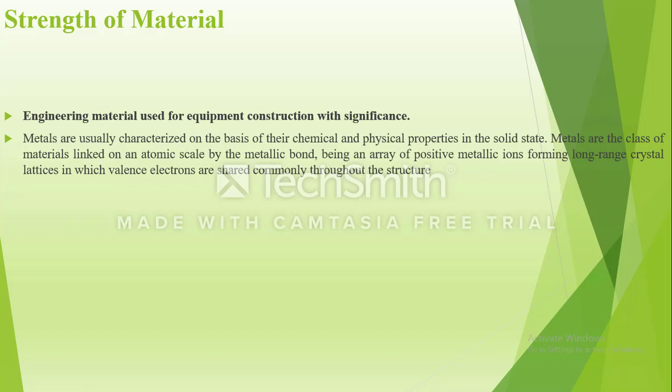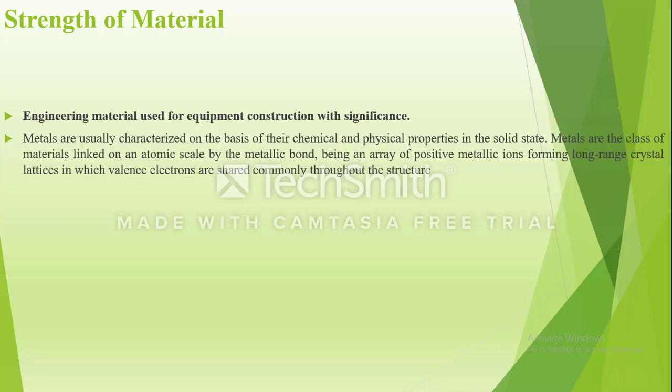Next one is strength of material. We know that strength of material is very important for the construction of various types of equipment. According to their specification and properties, engineering materials are classified into various categories.